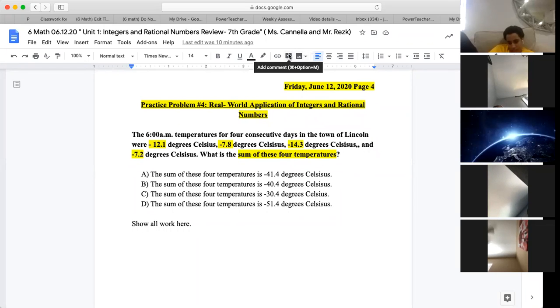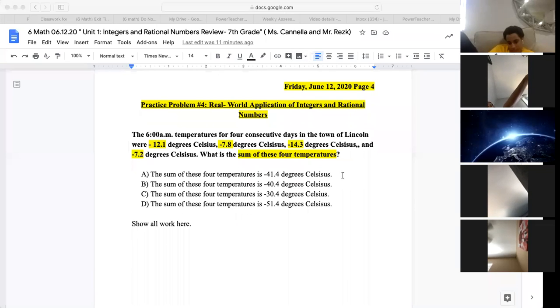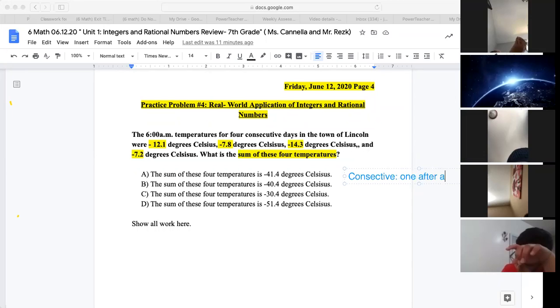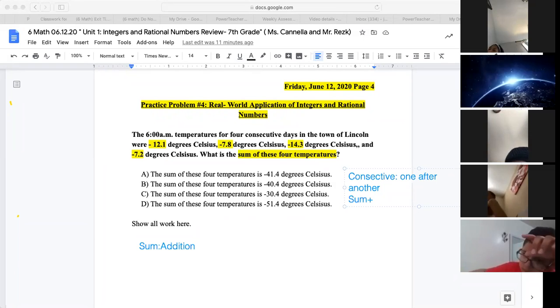The 6 a.m. temperature for 4 consecutive, that means one day after another, days in the town of Lincoln, yep, were 12.1 degrees Celsius and negative 7.8 degrees Celsius and negative 14.3 degrees Celsius and negative 7.2 degrees Celsius.